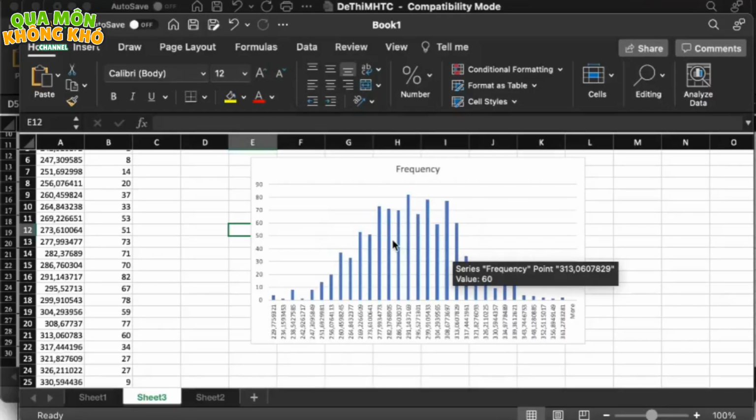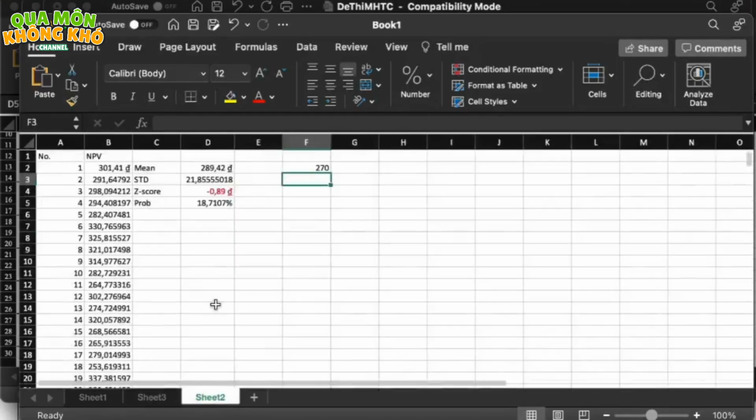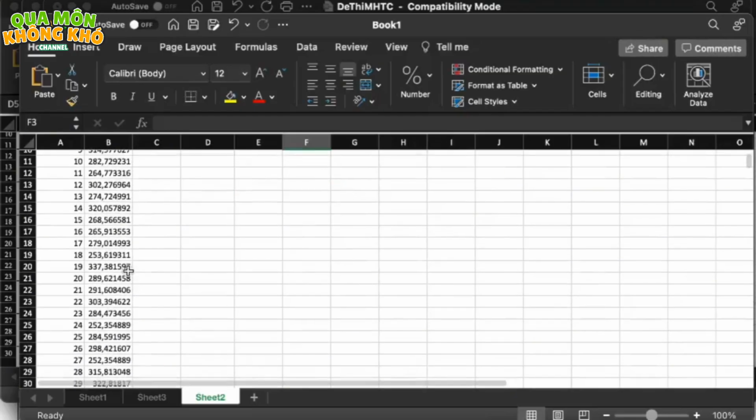So that is the histogram chart from our NPV, our situation. Okay, any questions?